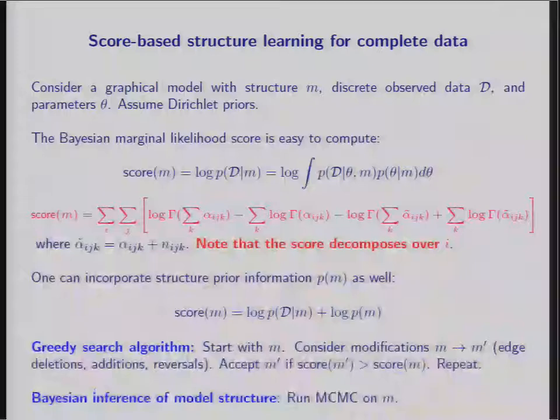But the score here is a marginal likelihood score. So in this score, we've integrated out the parameters. We've computed the probability of the data given the model class. So by the same arguments I had with the polynomials example, there is an Occam's razor in effect here, which means that it's not necessarily the case that a more complicated graph would have higher marginal likelihood under this procedure.